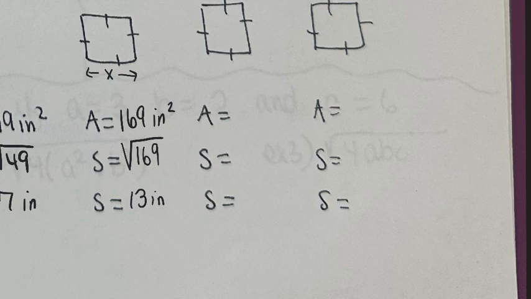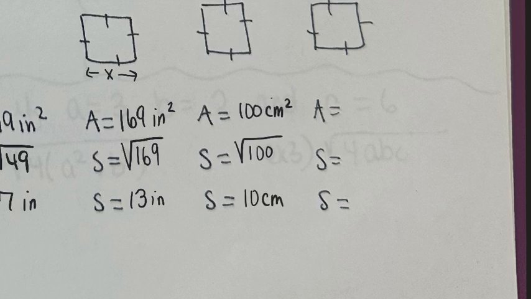Okay, next question. What if the area was 100 centimeters squared? Well, to find the side, I would square root the 100, which gives me 10.